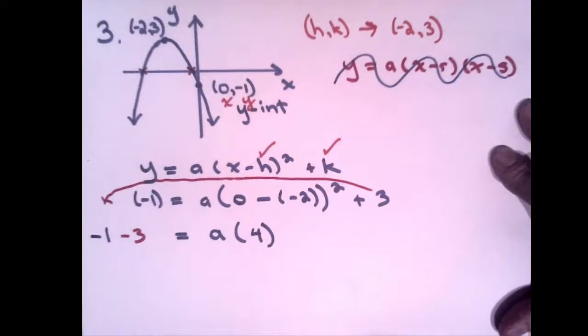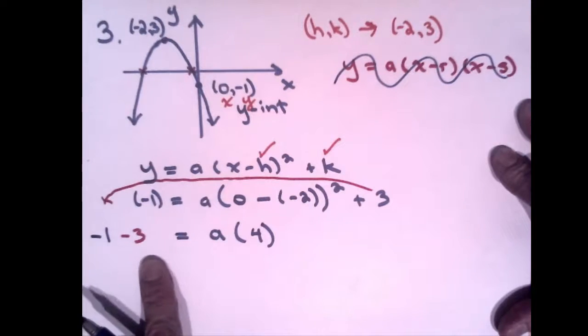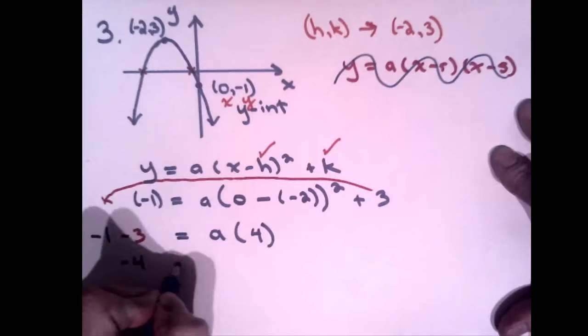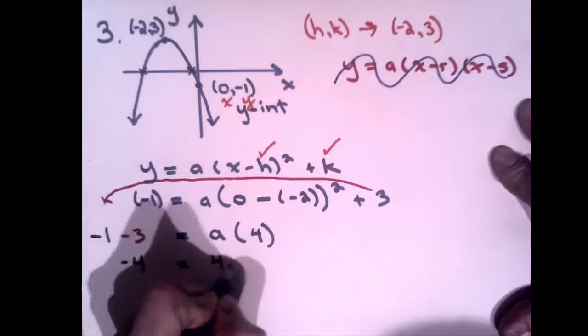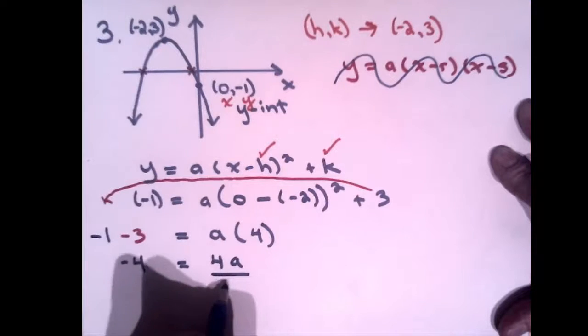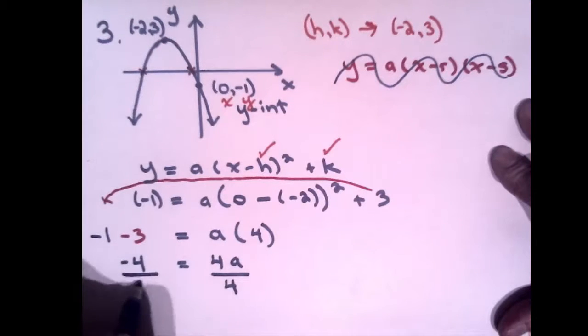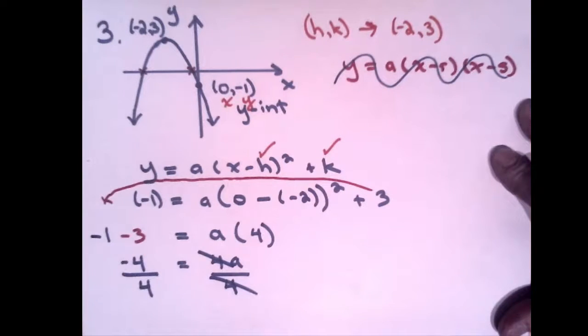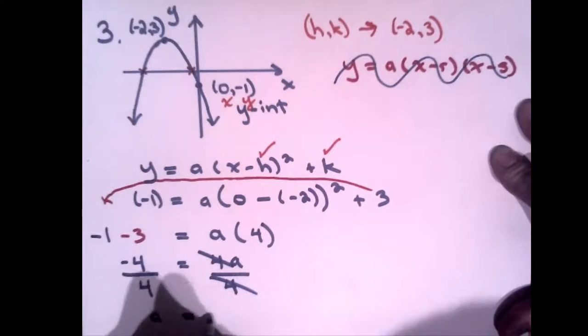Let's follow through. Next line, look left to right. I have to take minus 1 and take 3 away from that, and that's minus 4. And this is really just 4a, but I know I have to undo 4 times a by dividing by 4, and I have to do it on the other side to keep things fair. Minus 4 divided by 4 is minus 1, so the a value is minus 1, okay?